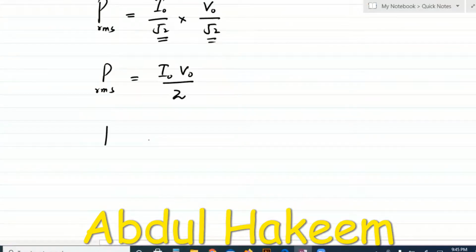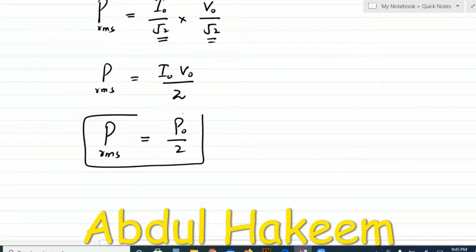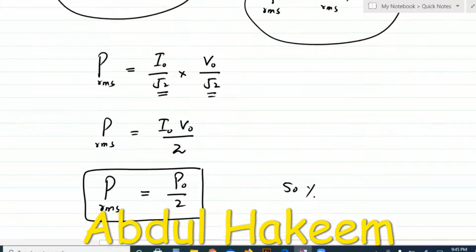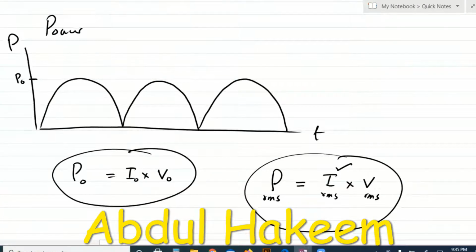So RMS power is peak power divided by 2, meaning 50% of the peak power. So when we draw the line for the RMS, we will draw it at the middle of this graph. This represents the RMS power.